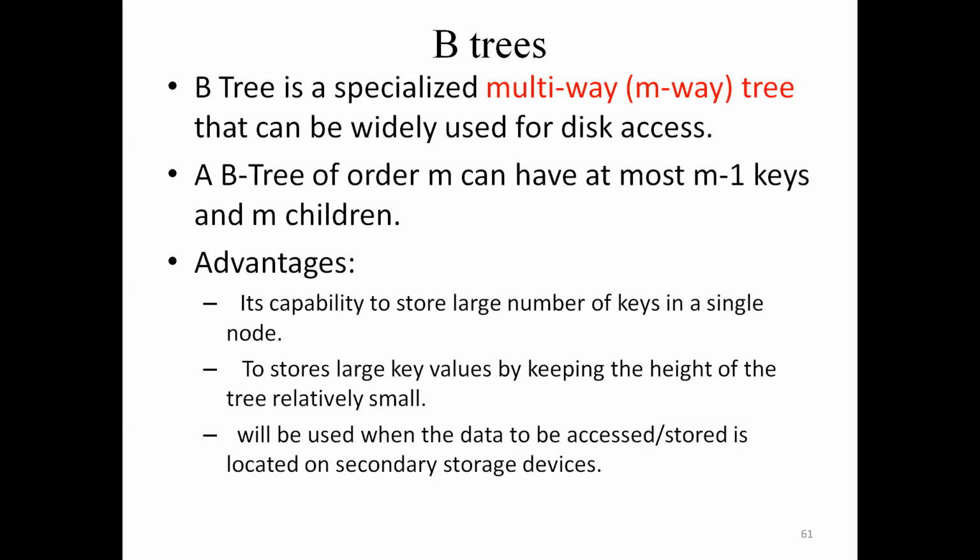For secondary storage access, like ROM, to access a large storage if the capacity is more. So we are going to access particular data from the disk. For this purpose we are using B tree.